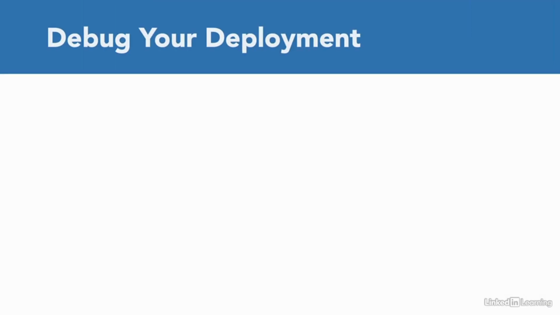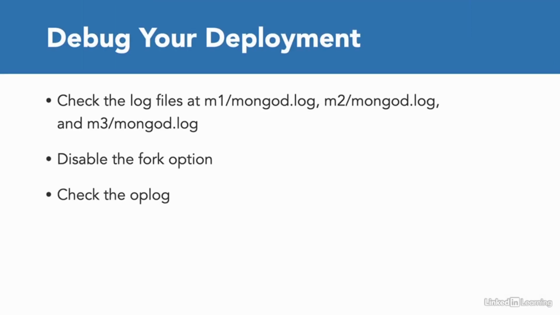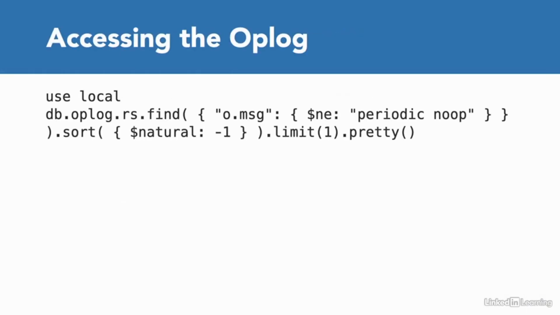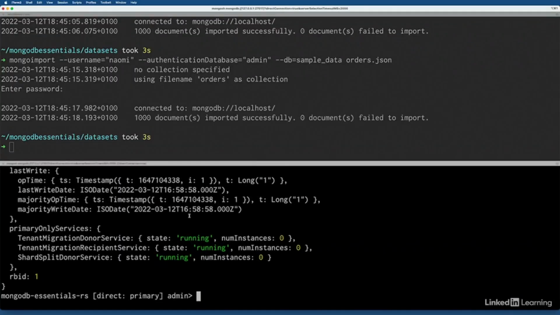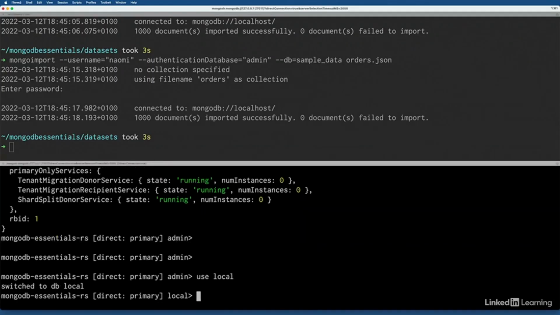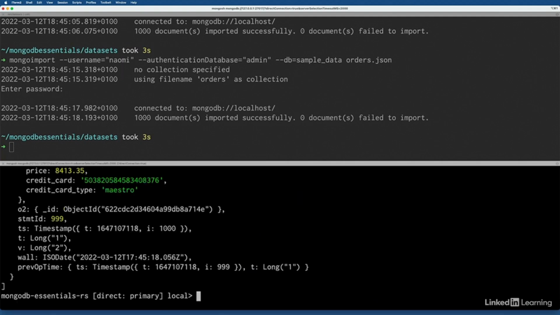The next thing that you can do is to check the oplog. The way you do that is with this command. So let me briefly show you what that looks like. On here, I would now say use local. So that's using the local database. And then I would run this command, the one that I showed you on the slide just now.